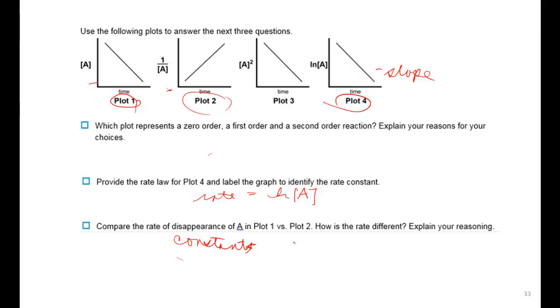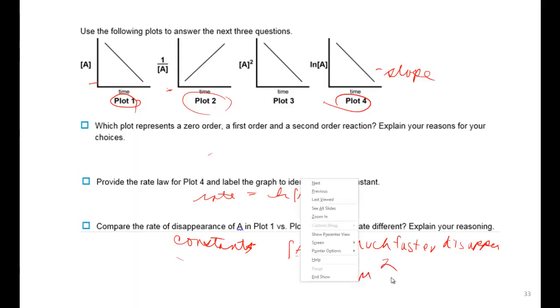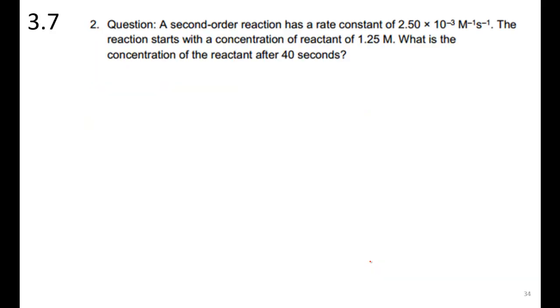And what that means is, as I change the concentration of this, I square this, so the rate is much faster disappearance. Okay, so I am squaring the change in my concentration, right? So it's going to have a much greater impact on my rate. All right, we're going to skip over that one.